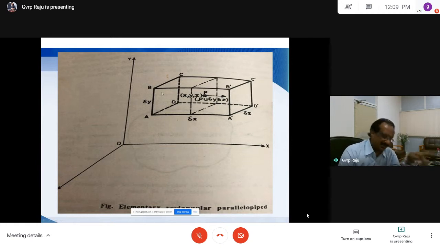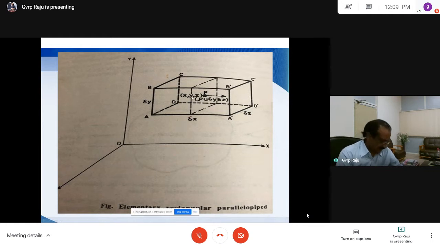Then find out the inflow. We have the value at the center, and while moving in this direction, toward the negative x-axis, we take a negative sign; moving the other way, a positive sign.